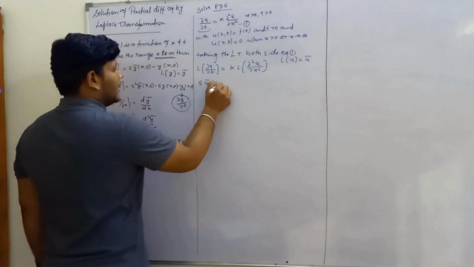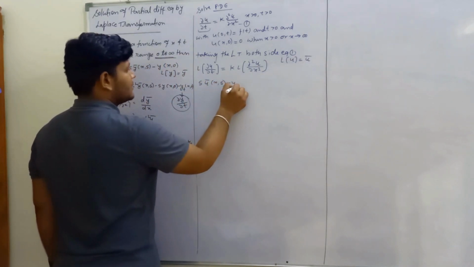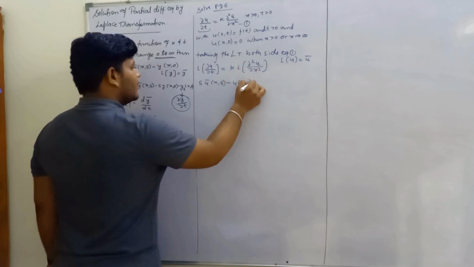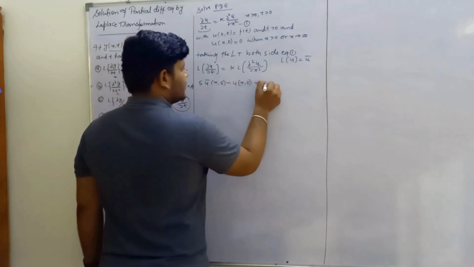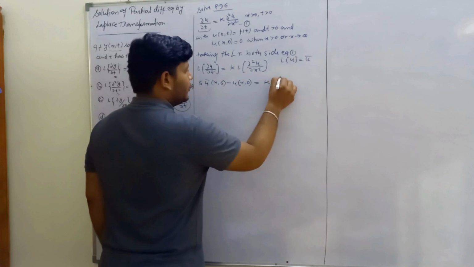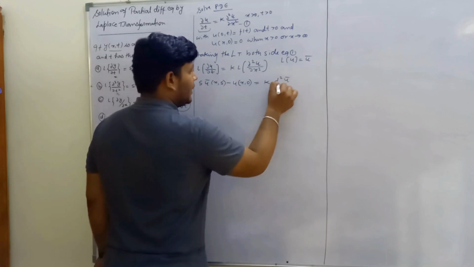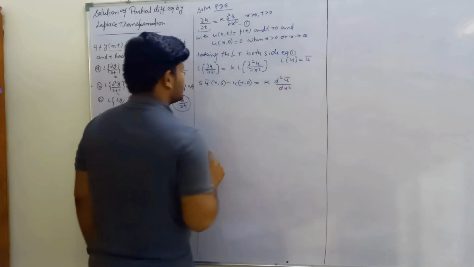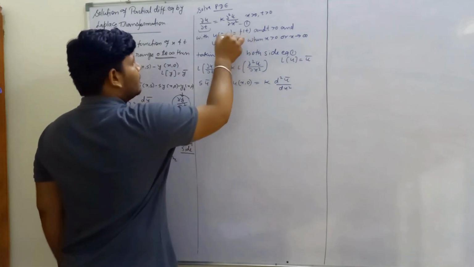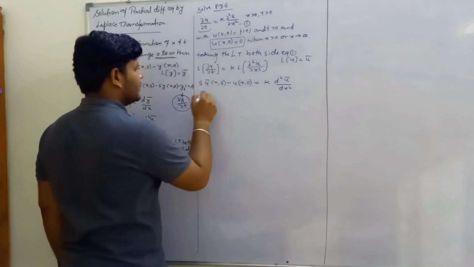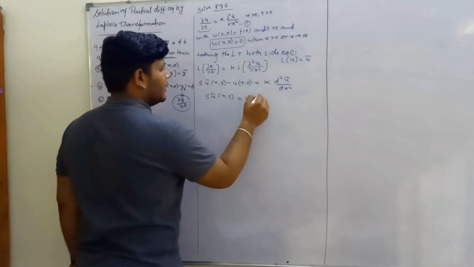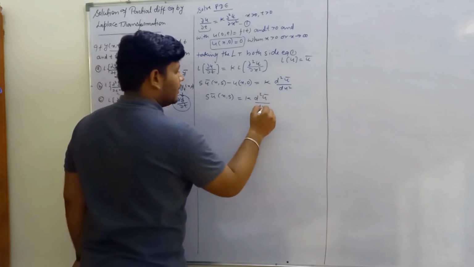So s u bar(x, s) minus u(x, 0) is equal to k d2 u bar over dx square. Now here you will get the value of u at x comma 0 as 0. So s u bar(x, 0) is equal to k d2 u bar over dx square.